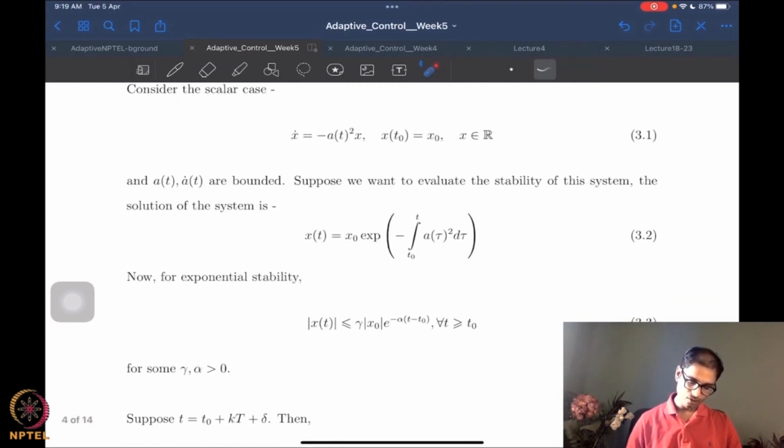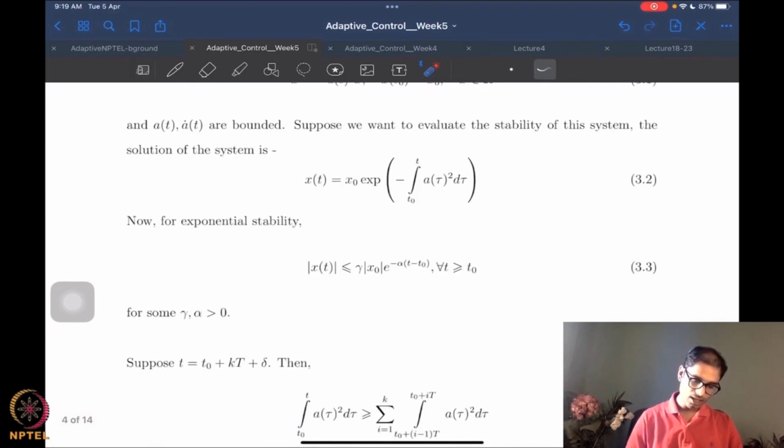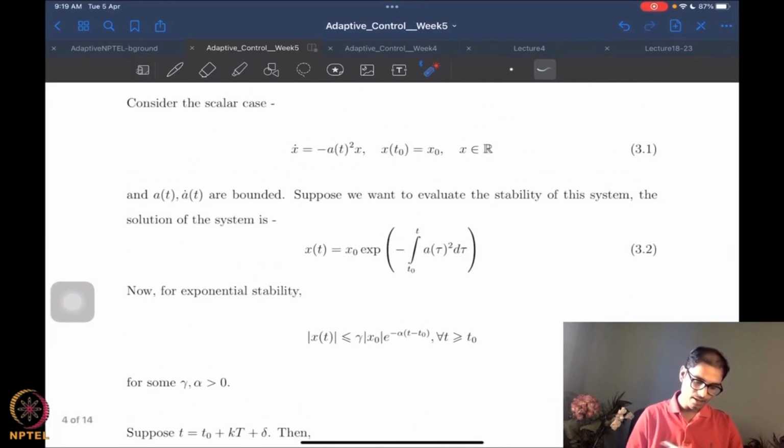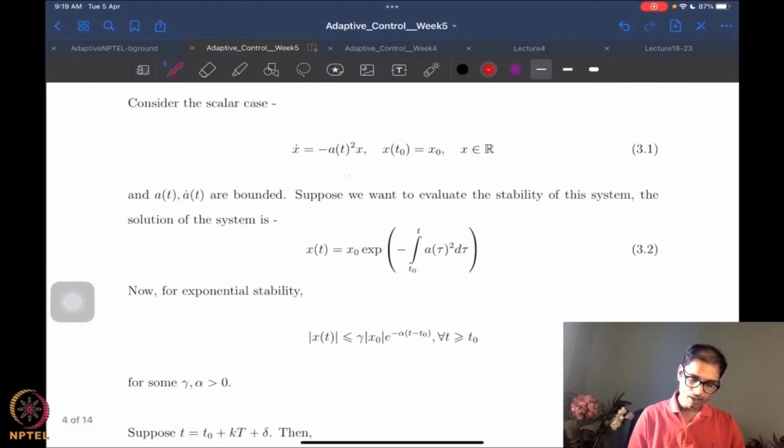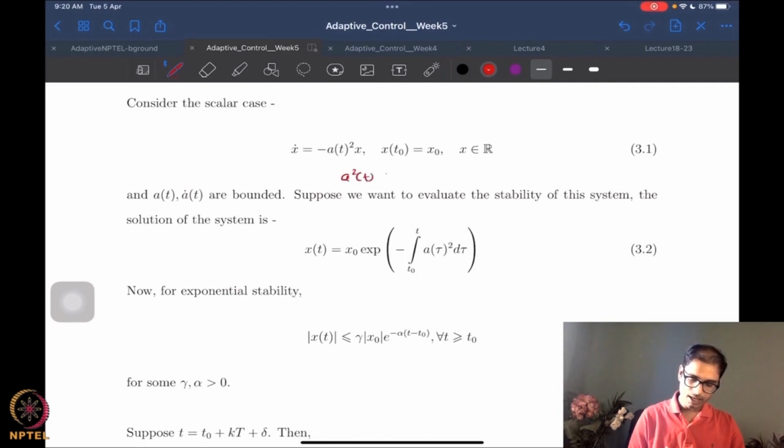We are also told that irrespective of what A of t is, A square t is greater than or equal to 0. Now notice that I only said it is greater than or equal to 0. I did not say anything about it being strictly positive.